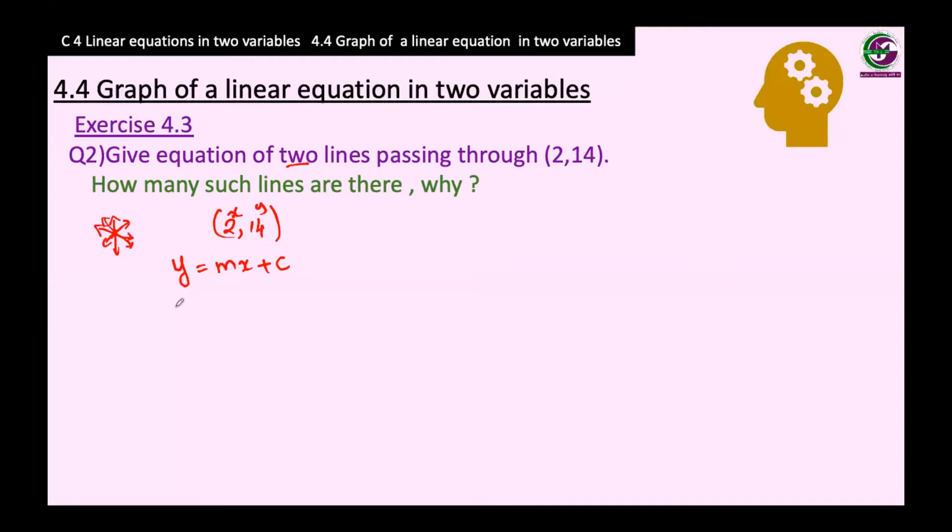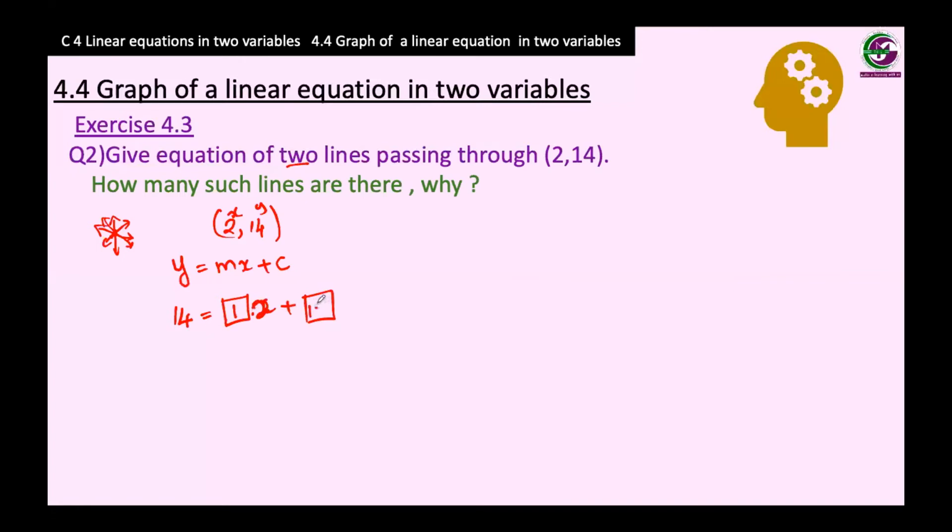y is 14, there is no change for that. For m, we can fix a number, where x is equal to 2, we have to multiply it here, plus another number. So a number multiplied by 2 plus another number should give you 14. Let's take, for example, 1. Here 1 times 2 is 2. 2 plus what gives you 14?